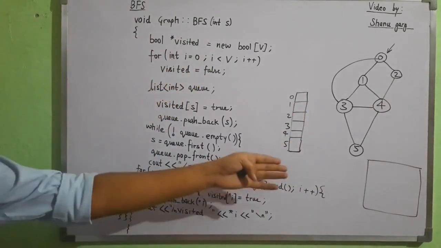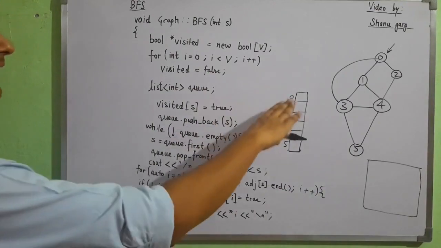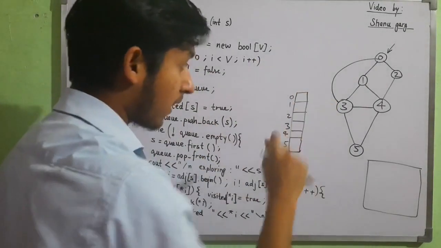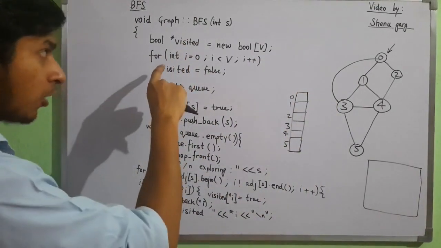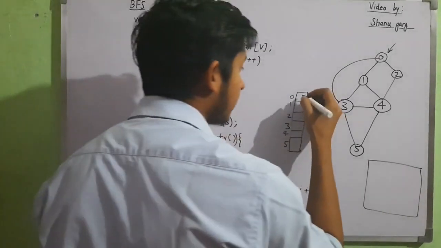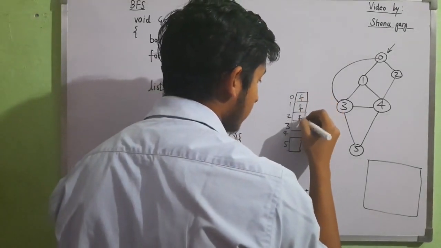So we have this array that has data type boolean. All of these are initialized with false initially. Simple.